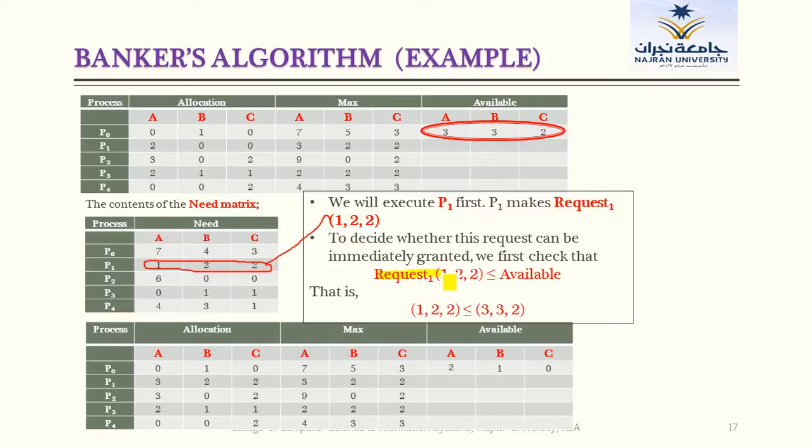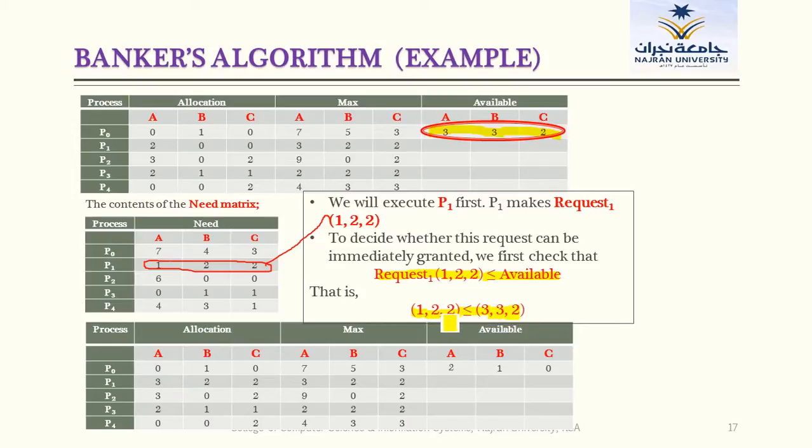So this request is 1, 2, 2, and it must be less than or equal to available. What is available? Available is 3, 3, 2, meaning 3 instances of A, 3 instances of B, and 2 instances of C.